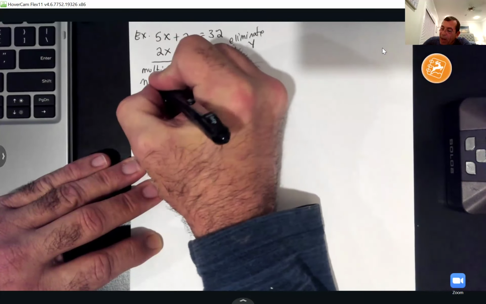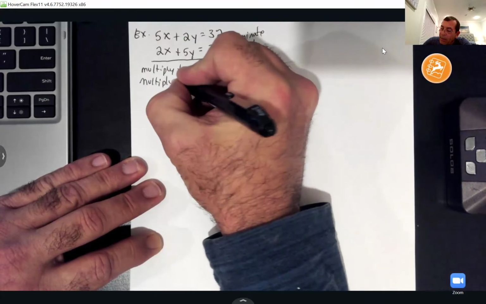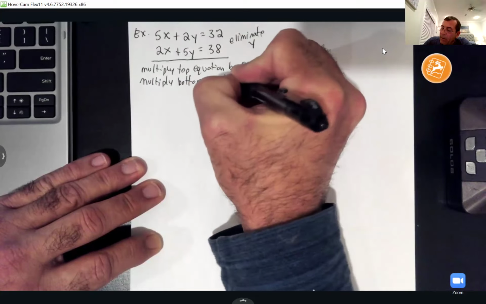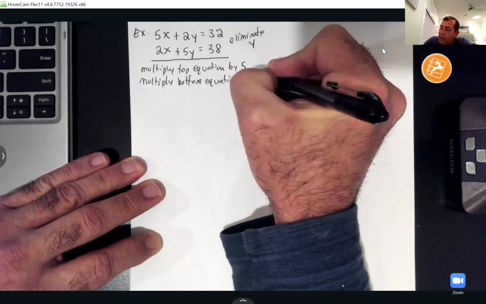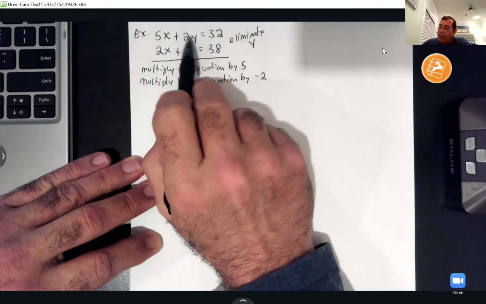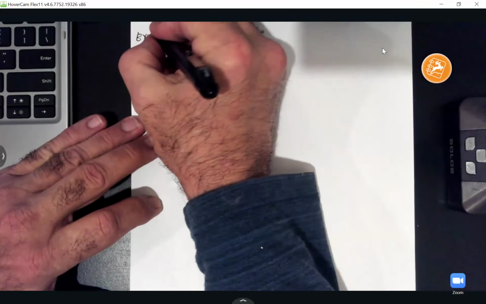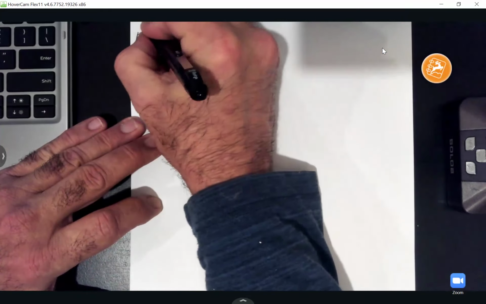And we'll multiply the bottom equation by -2. That way I'll get a +10, -10, and those things are going to cancel. Right. So we said this equation by 5.